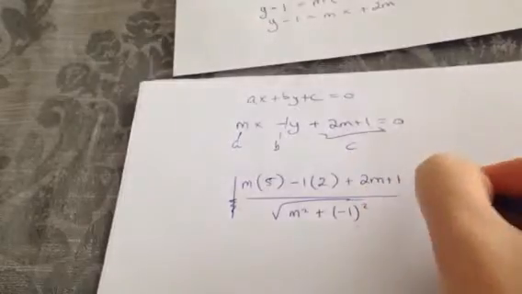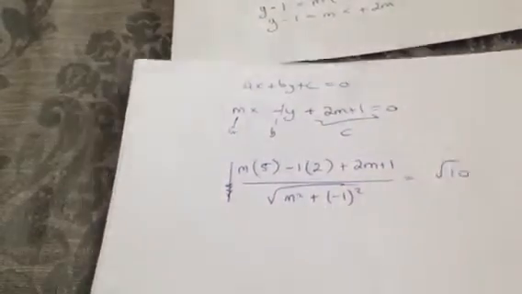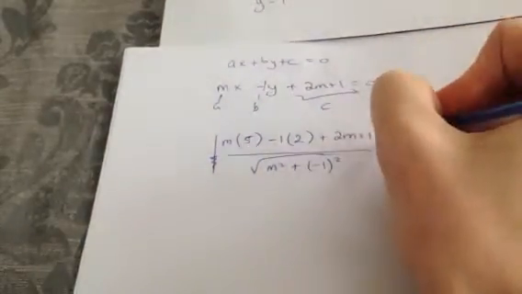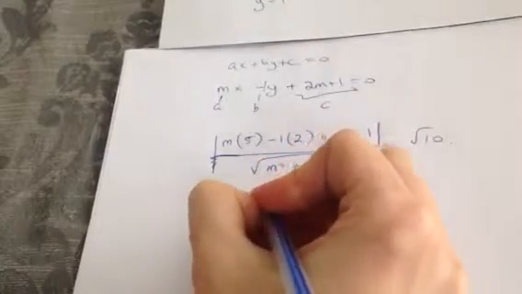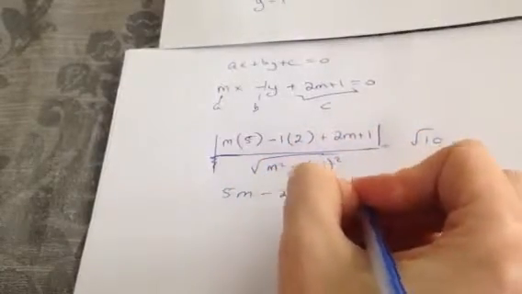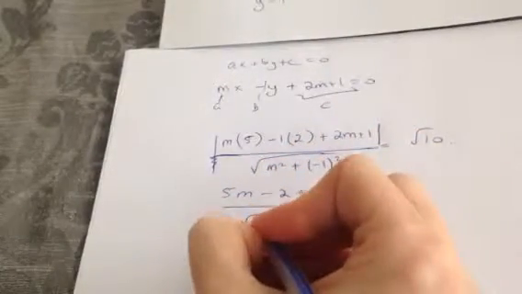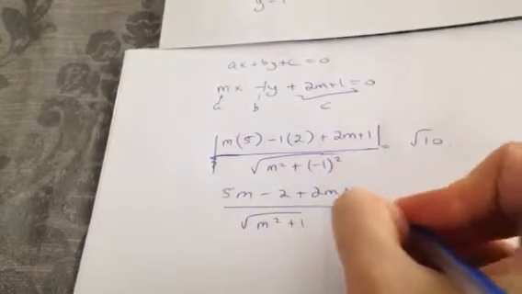And the answer to that is root 10. I just need to clean this up. That's 5m minus 2 plus 2m plus 1, all over the square root of m squared plus 1, is equal to root 10.